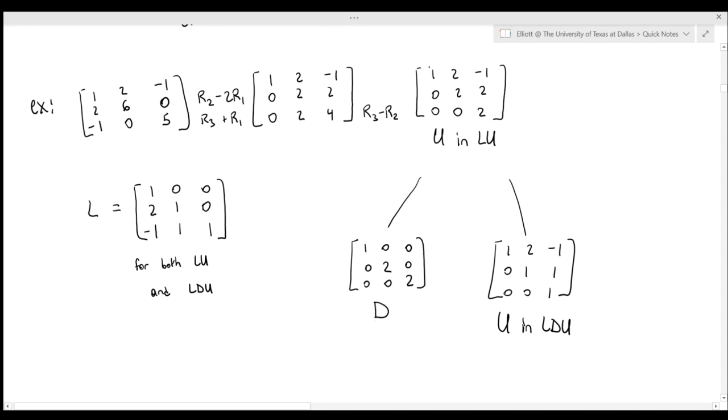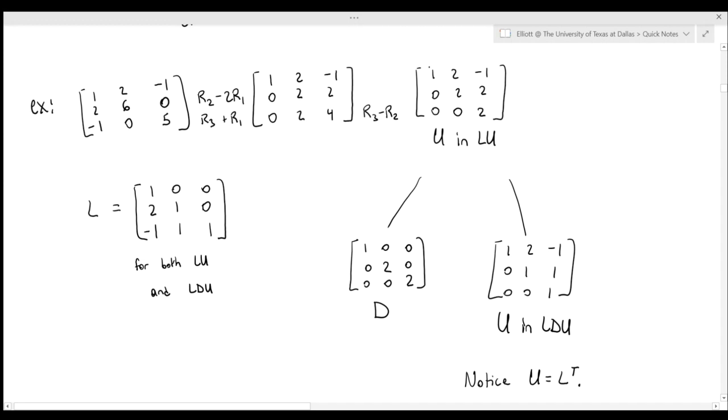Okay? And as I noted, since my matrix A was a symmetric matrix, the U you end up getting in the LDU decomposition is equal to the transpose of the L. So that's not a coincidence.